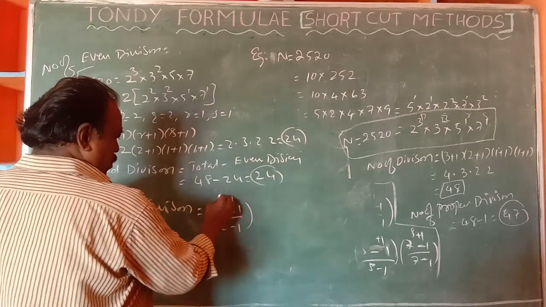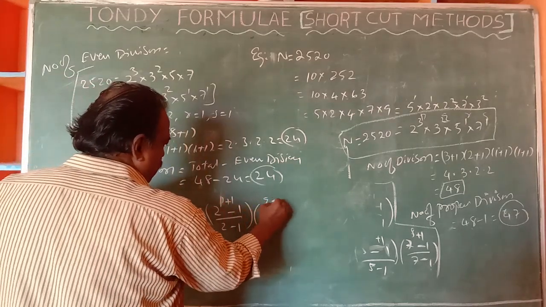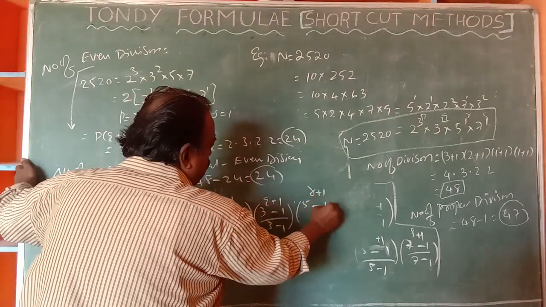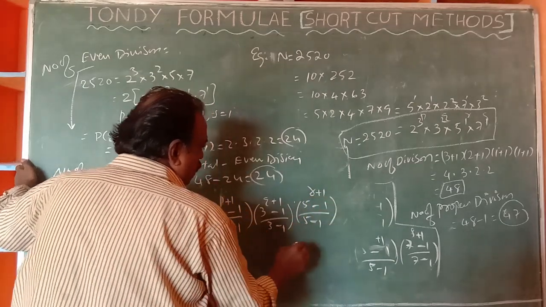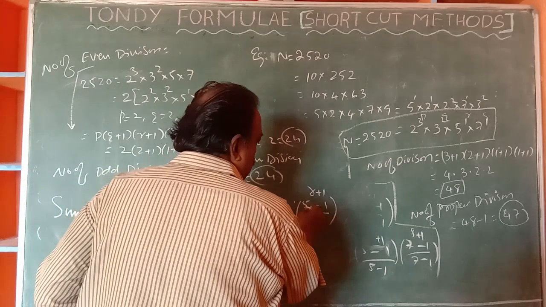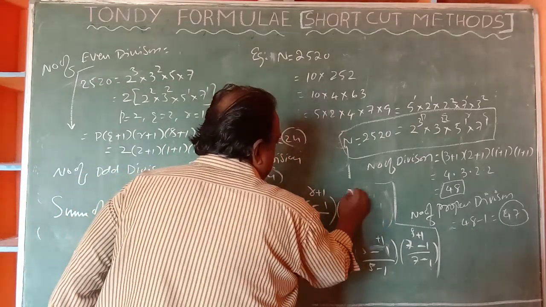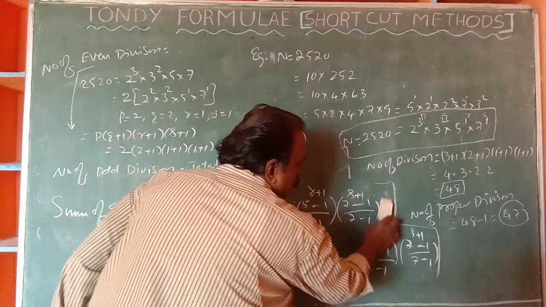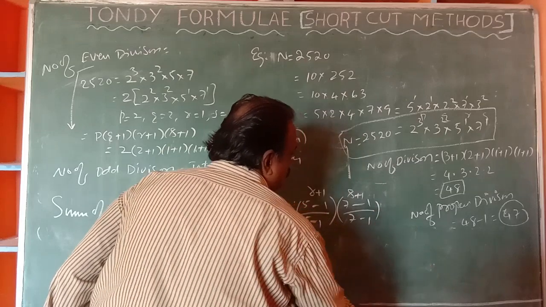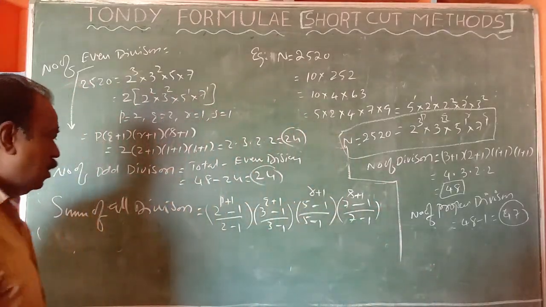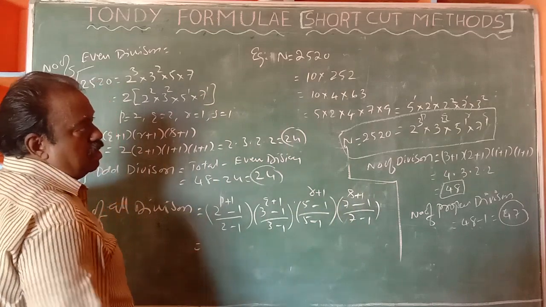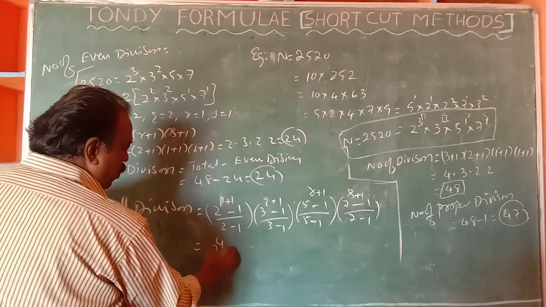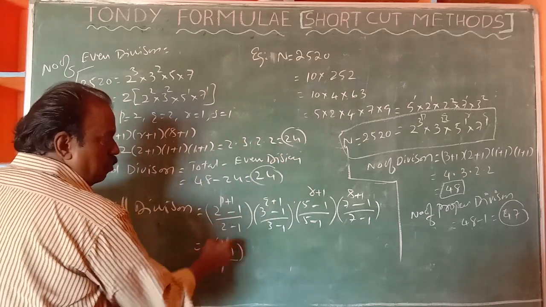Here, first I will write it as the formula: 5 power r plus 1 minus 1 by 5 minus 1, and here it is 7 power s plus 1 minus 1 by 7 minus 1. Now say, what is p there? It is 3. So 2 power 3 plus 1, 4, minus 1 by 2 minus 1.